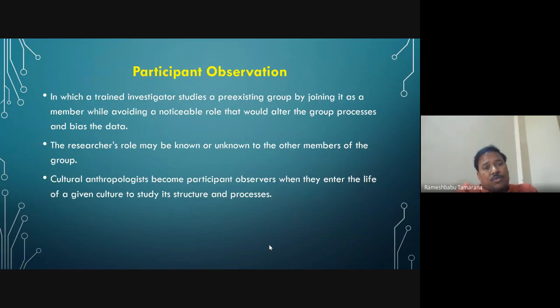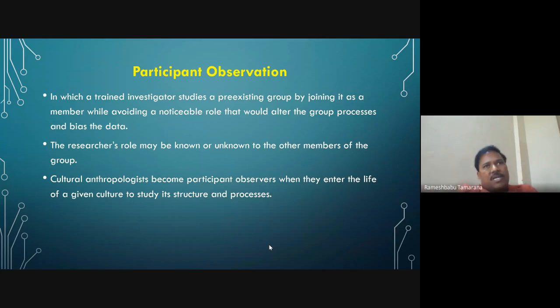And third, we have participant observation, in which a trained investigator studies a pre-existing group by joining it as a member, while avoiding a noticeable role that would alter the group processes and biases. If you look at ethnographic studies, I think the textbook mentions ethnography.